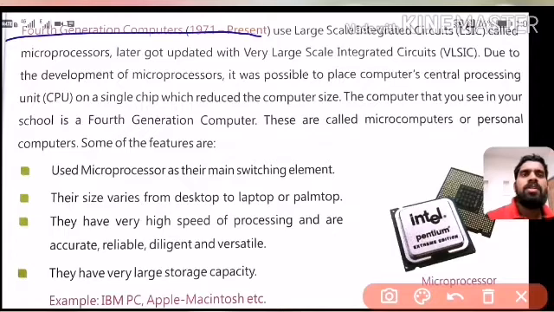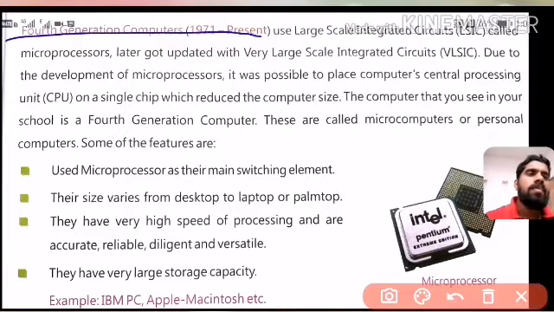Due to the development of microprocessors, it was possible to place the computer's central processing unit on a single chip, which reduced the computer size. The computer that you see in your school is a fourth generation computer.